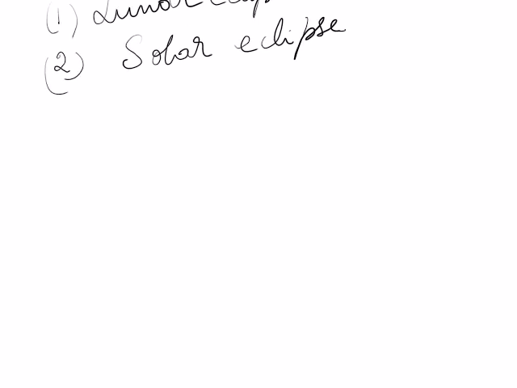Now, lunar eclipse is formed when the sun, the earth, and the moon are in one straight line and the moon comes in the shadow of the earth. Let me tell you once again. Lunar eclipse occurs when the sun, the earth, the moon.